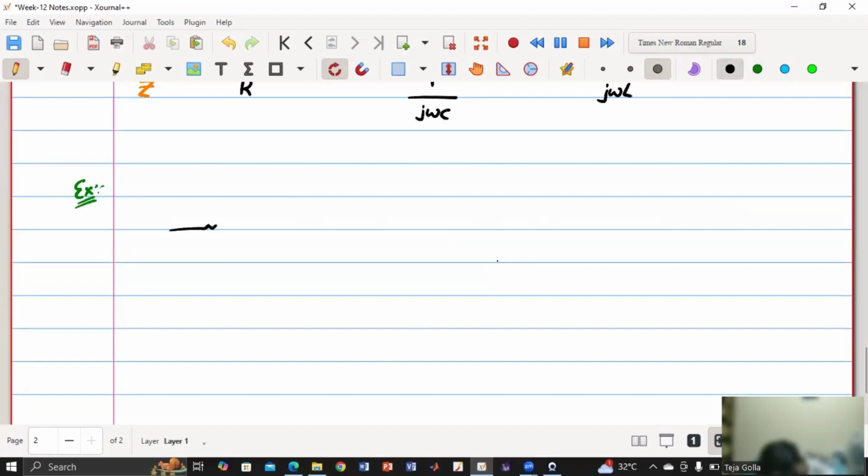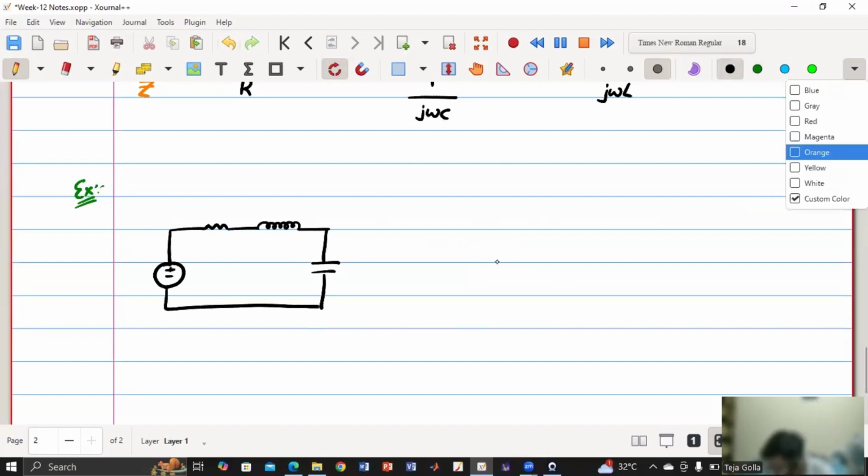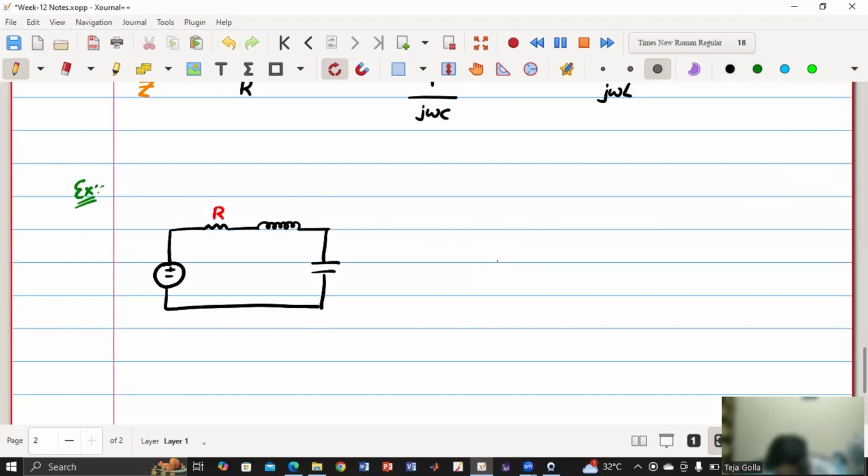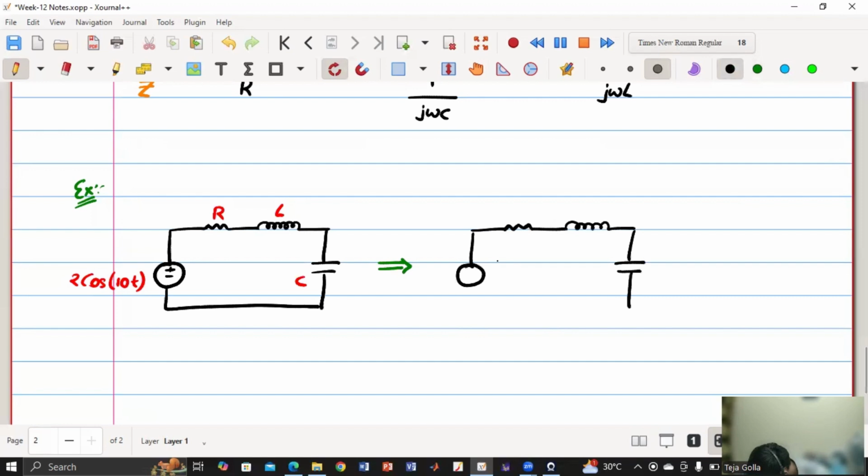We have one series RLC circuit with values R, L, C, and the source is 2 cos 10t. First we will convert this circuit into the phasor one. How are we going to convert? We have resistor, inductor, capacitor, and voltage source.